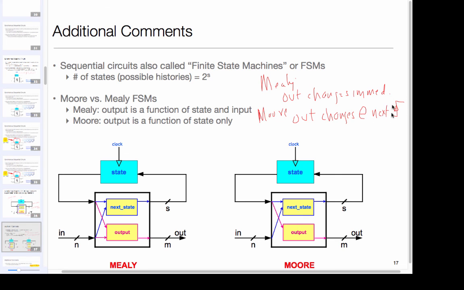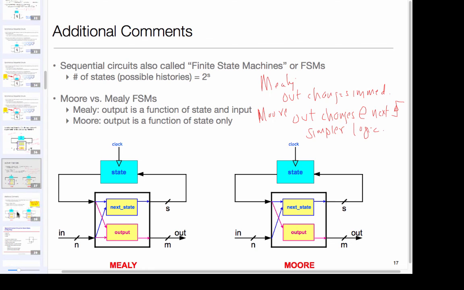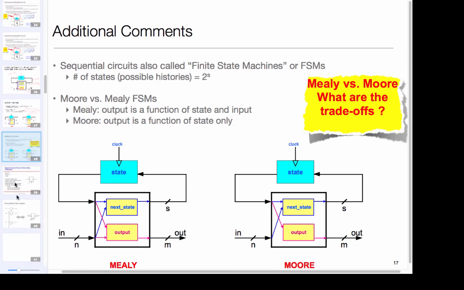When I draw something like this, it means a rising edge of the clock, or an edge of the clock. It has simpler logic. Okay, so this is how one can think about these two things. So those were our trade-offs.